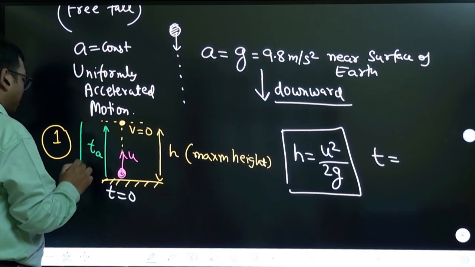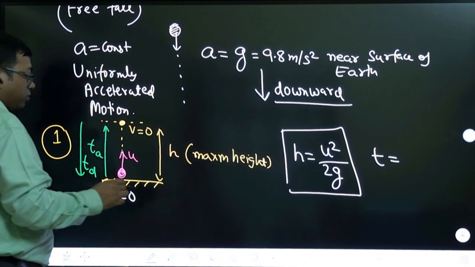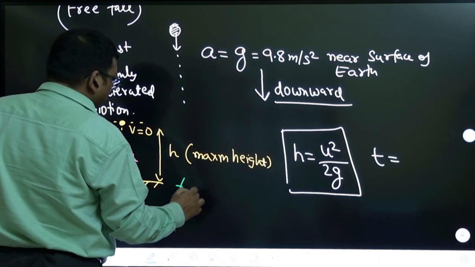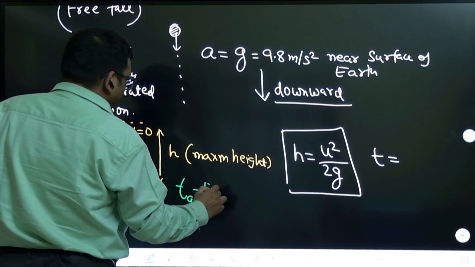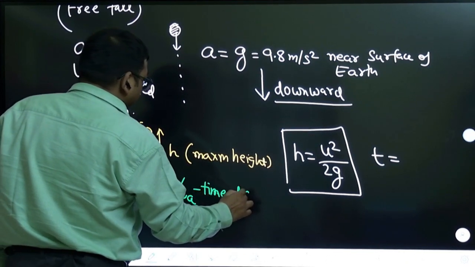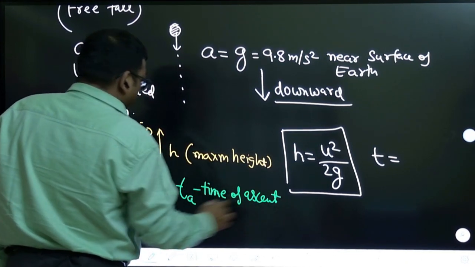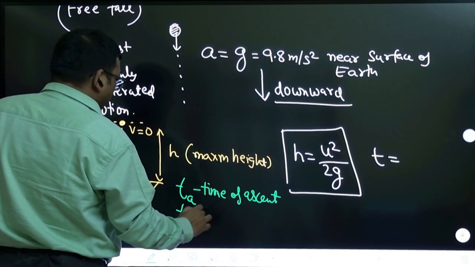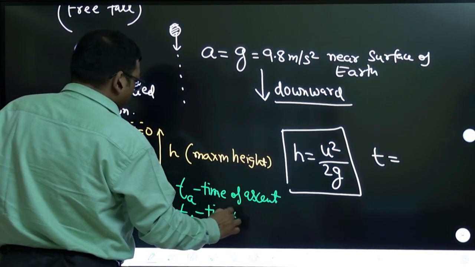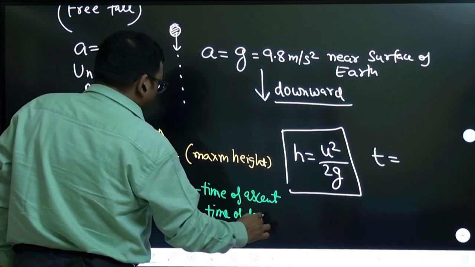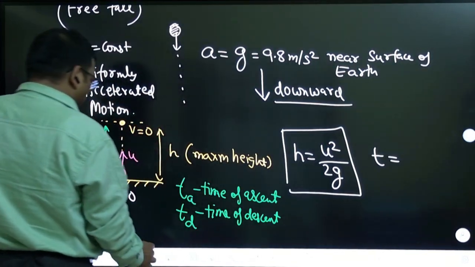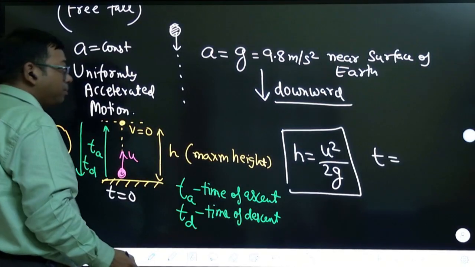This will take the time of descent. So TA is called time of ascent, and TD is called time of descent.